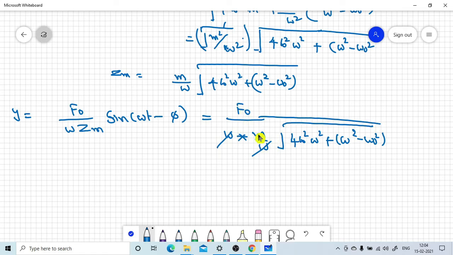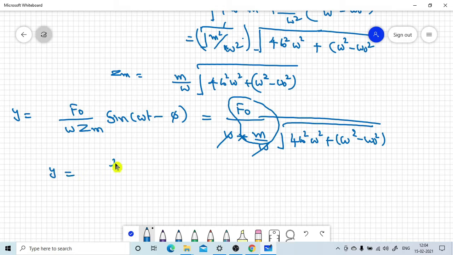F naught by m is the magnitude of force on the unit mass. These two terms I will take, then this is the force on unit mass, and I can use it as a small f naught value.